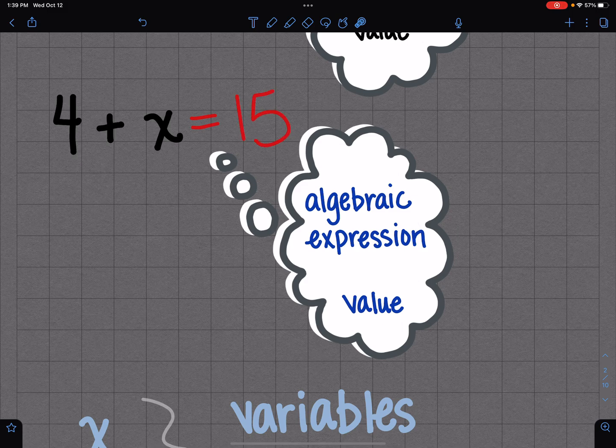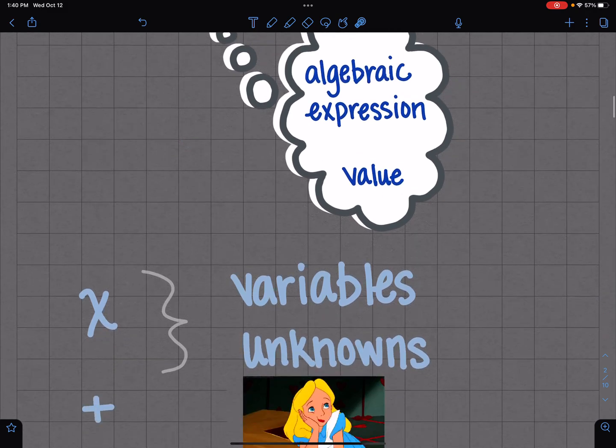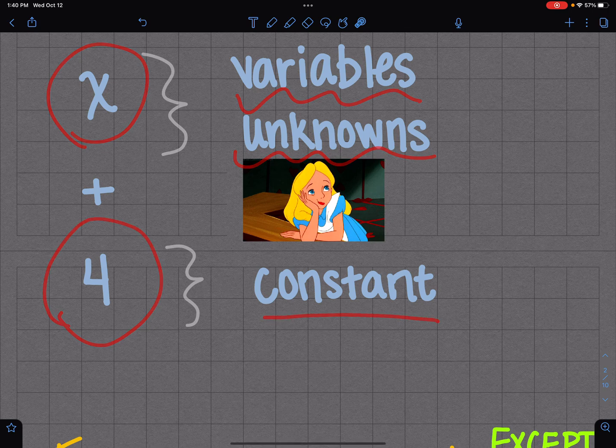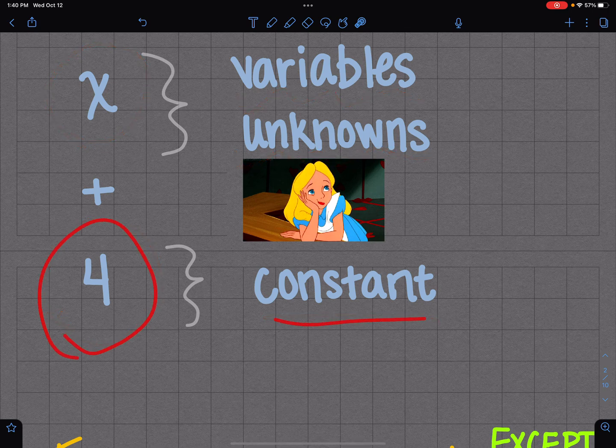If we say that, then the variable, because it's going to vary depending on what we choose for the value, is equal to 11. Okay? So whenever we see an expression like this, the letters are called variables or unknowns. And the numbers are called constants because they have to be that number every time.